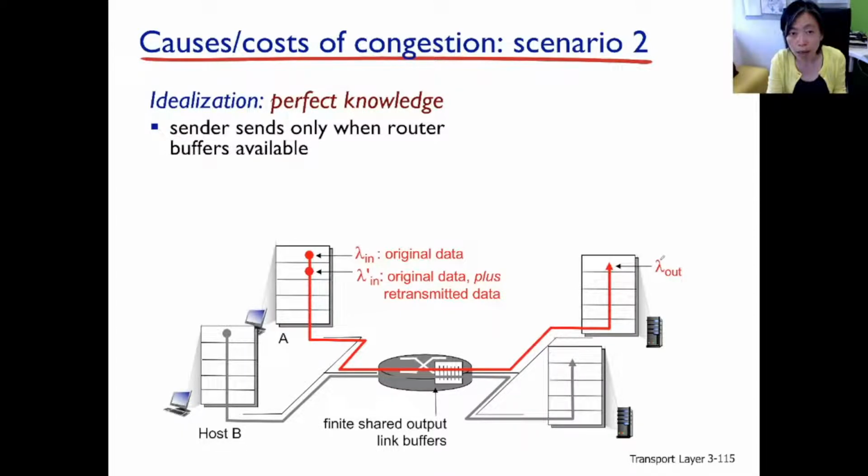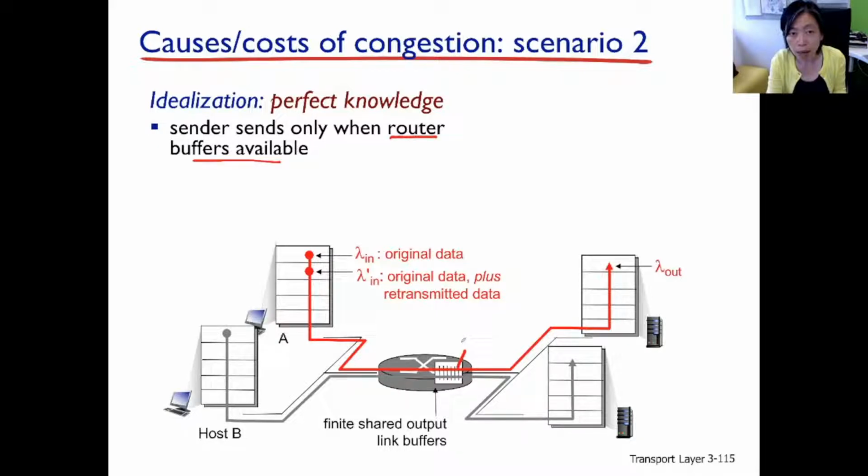Now, let's assume the sender knows perfectly well when the router buffer is available. So the sender sends data out only when there's buffer available here, so no packet drop. The scenario goes like this. At the transport layer, we keep a copy of the data just in case we need to retransmit. But the packet will arrive at the router because there's free buffer space, so it travels through the network, reaching the destination.